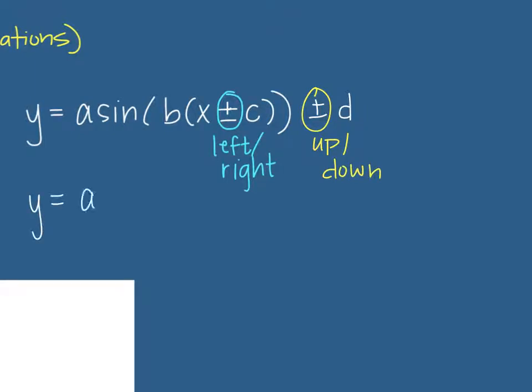It would be A cosine B followed by a parentheses, x plus or minus C plus or minus D. That extra parentheses has to be there if you think you're moving it side to side. Okay, if you think you're moving it side to side, that extra set of parentheses has to be there.